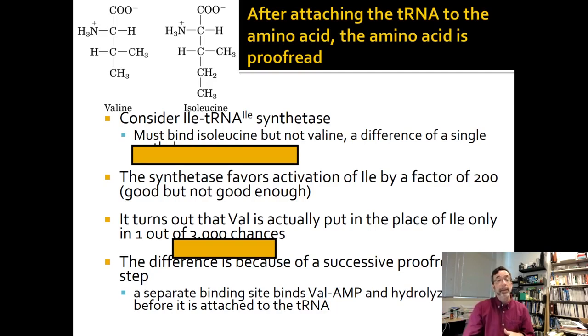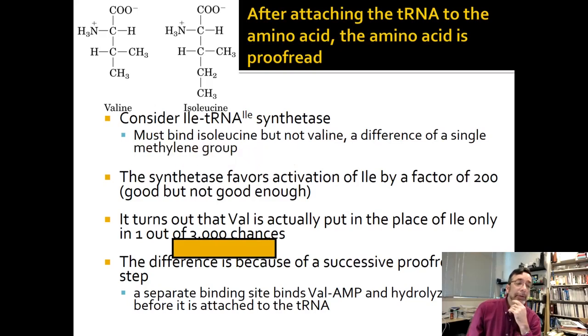That's the difference of a single methyl group. Going one way, binding valine but not isoleucine, is easier because you just make a site that's smaller and it binds the smaller thing. But how do you bind the bigger thing but not the smaller thing, especially when you have this non-specific hydrophobic interaction that's the only thing you've got to discriminate based on?